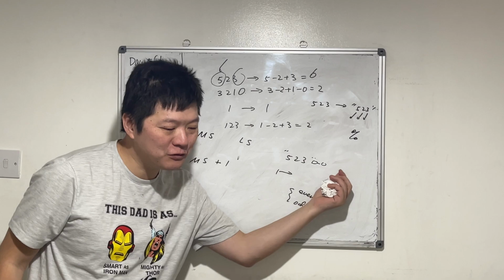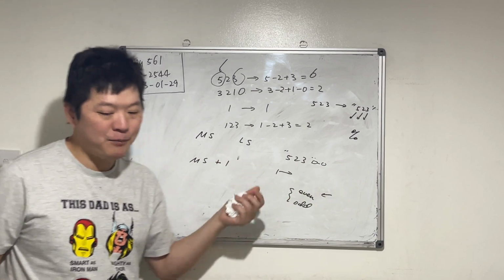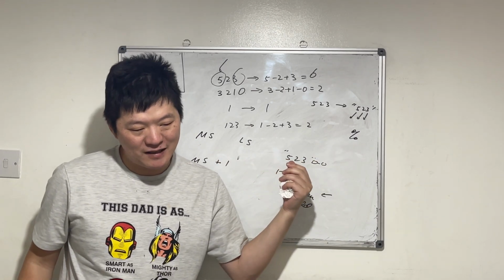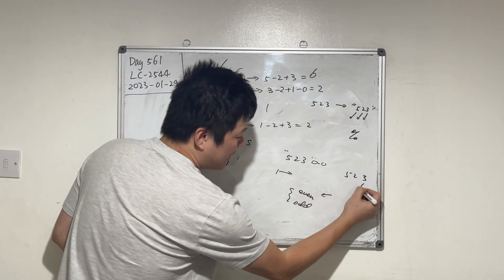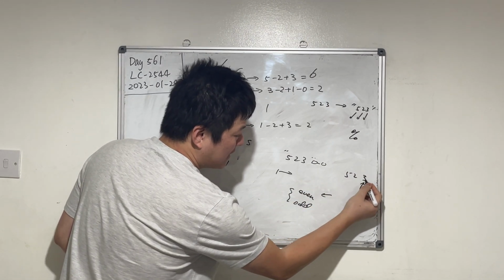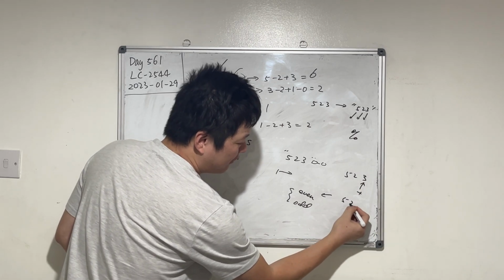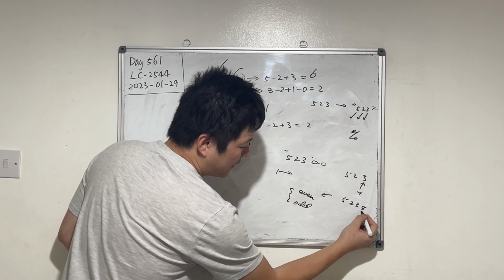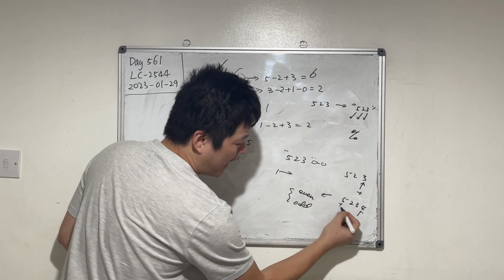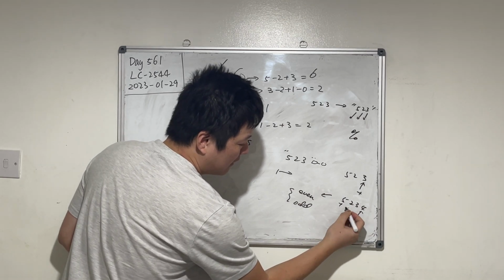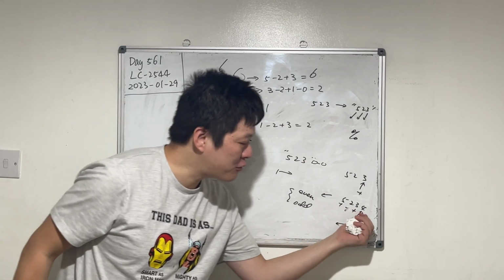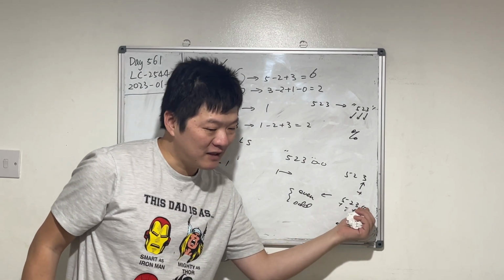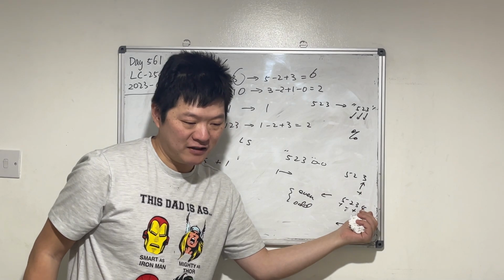We can also do it from right to left, but the problem is that for 5, 2, 3 it's plus, minus, plus, but for 5, 2, 3, 4 it will be minus, plus, minus, plus. If you start from the right, you're not sure which one is the least significant digit.